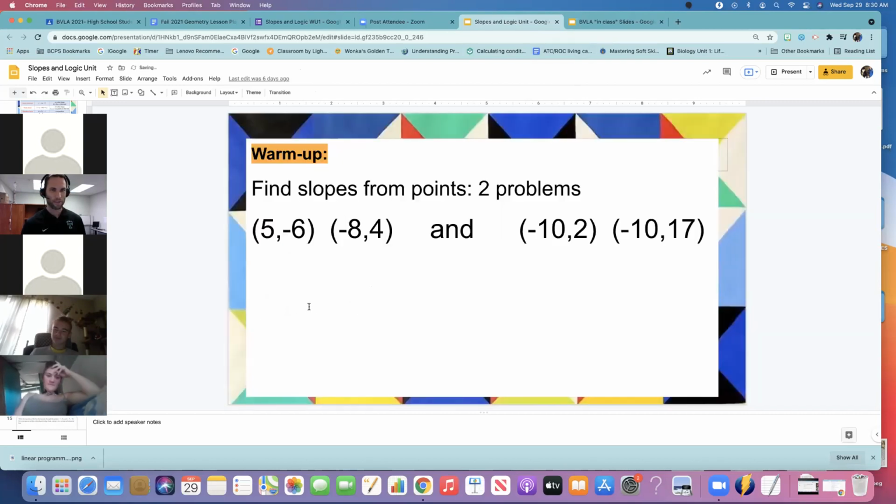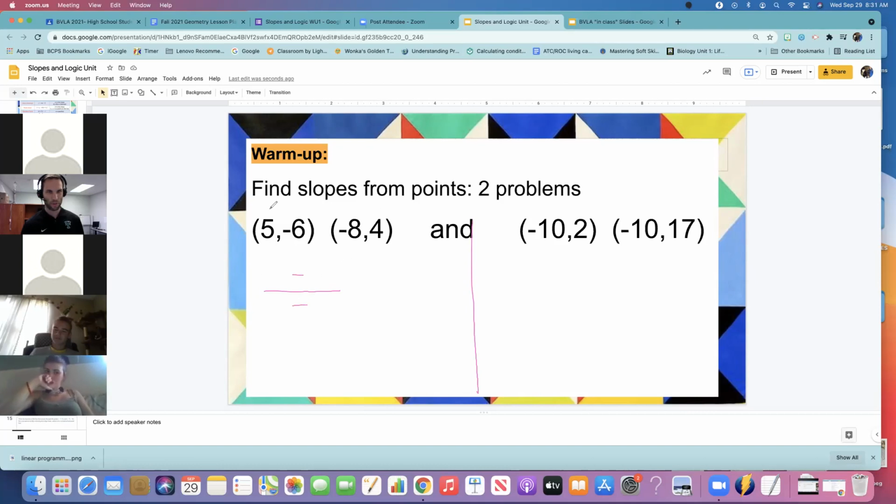Let's say we're going to find the slope of these 2 points: (5, -6) and (-8, 4). I want to take the y's and subtract them.